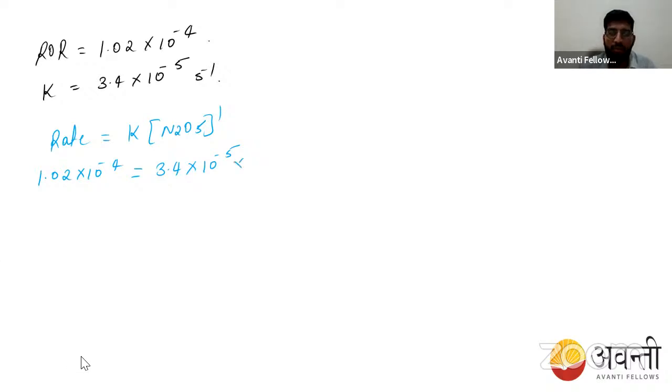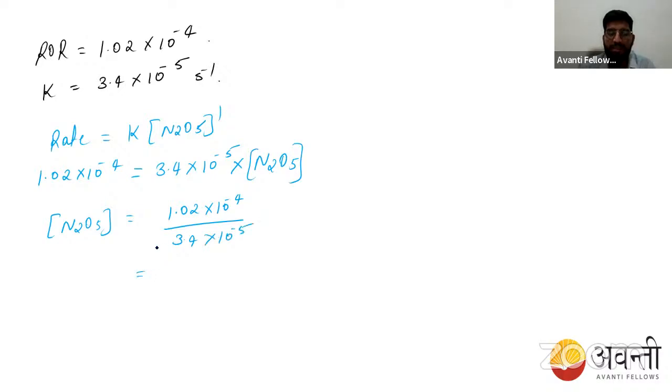So the concentration of N2O5 is equal to 1.02 into 10 to the power minus 4 upon 3.4 into 10 to the power minus 5. So this is our final answer.